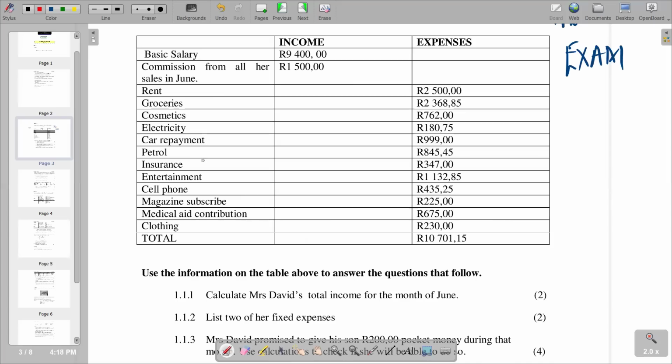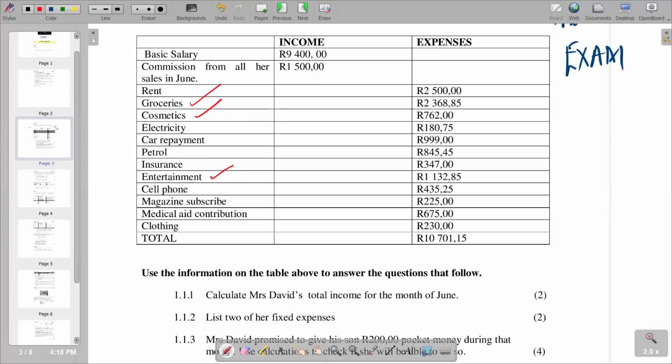If you go there, you would see that, for example, let's pick entertainment. It's something that is like a luxury that can be reduced or removed because it's not a necessity. We choose another one, cosmetics. It's also a luxury which can be removed so that we can reduce the expenses and afford that pocket money. We can try groceries, of course.